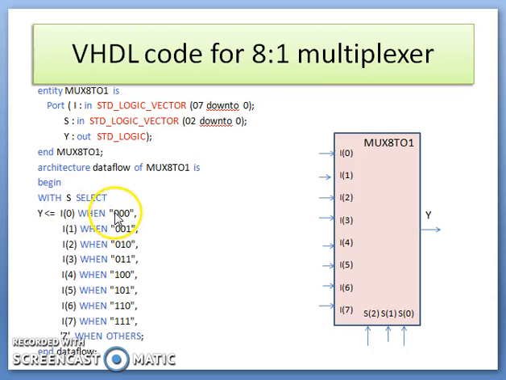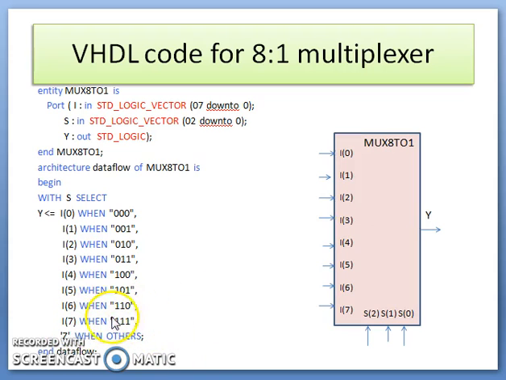When the select line value is 0, 0, 0, according to our truth table, the I0 value is assigned to Y. When it is 0, 1, 1, what is on the I3 input pin is assigned to Y, correct? This way we are writing the code.